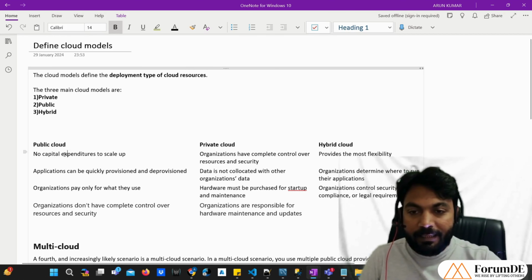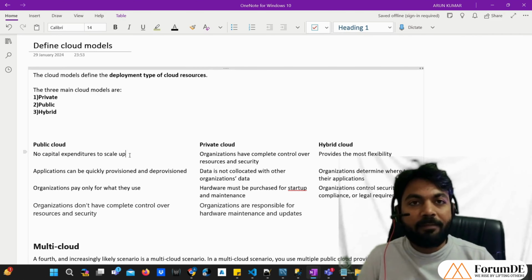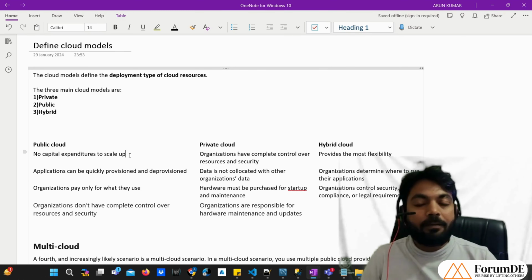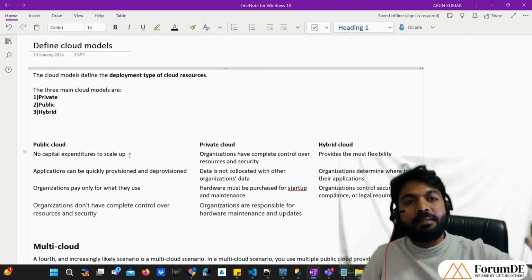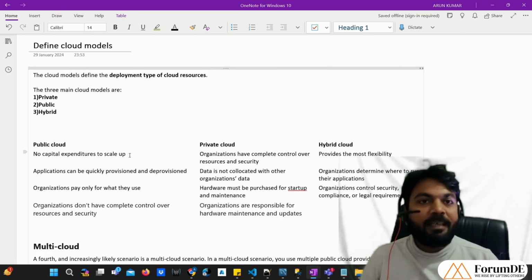So here it says no capital expenditure to scale up. Right now I am storing 100 GB of data, so I'll be paying for 100 GB only. Tomorrow I am storing 1000 GB, so I'll be paying for 1000 GB. So easily I am scaling up, hence I don't require any capital expenditure.